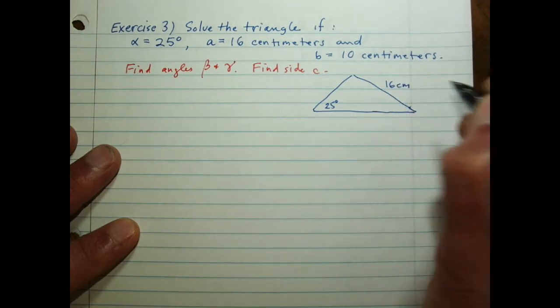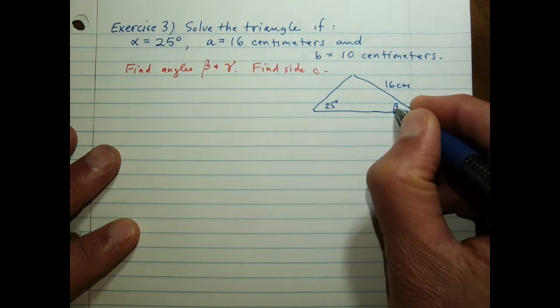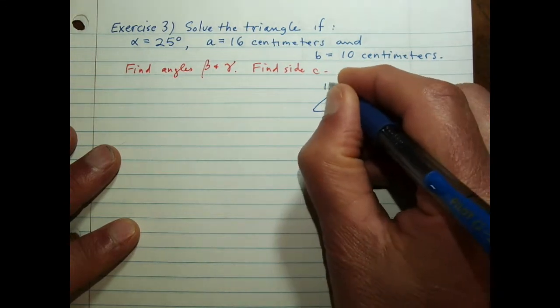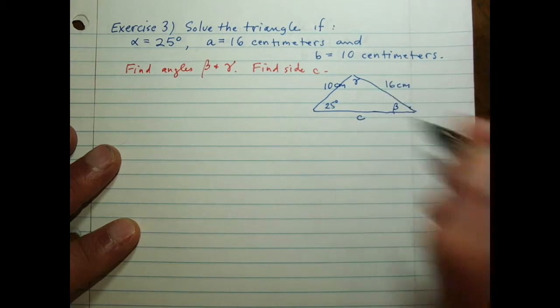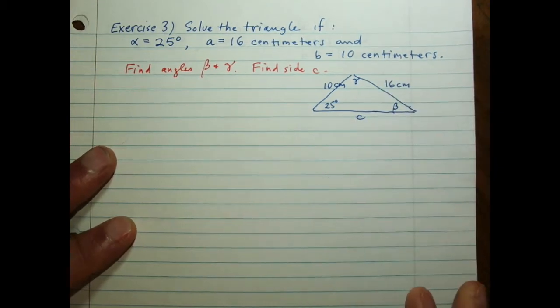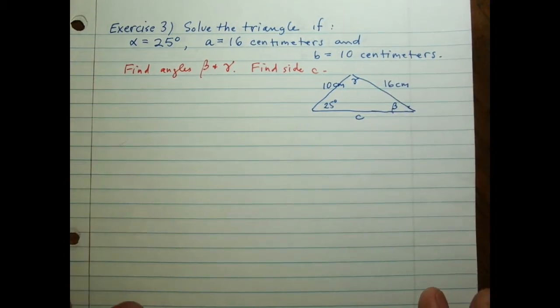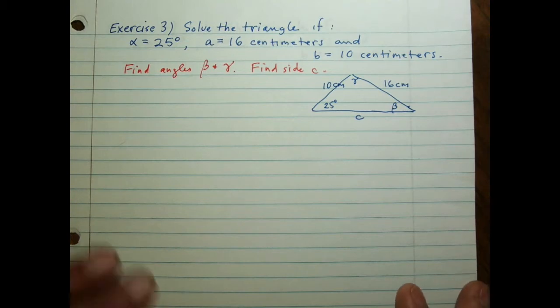Across from that angle is 16 centimeters. Call this beta. Across from that is 10 centimeters. Here's gamma, and side C. I don't know if the triangle looks like that, but it's going to help me get started.